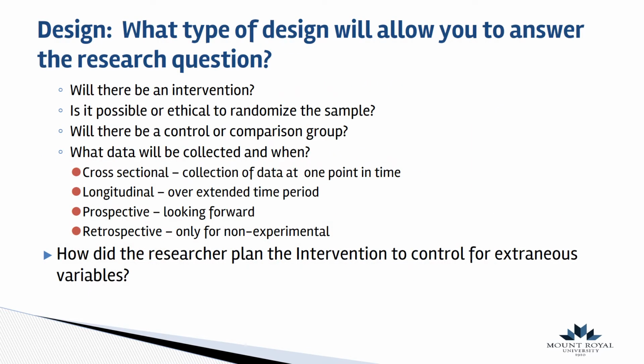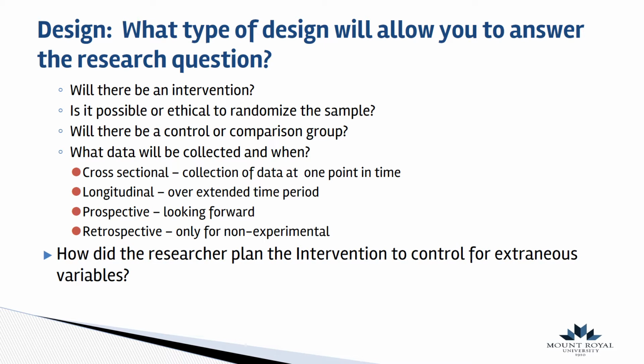So in research design, what type of design we choose needs to be able to allow you to answer your research question. Some of the things we consider is, will there be an intervention? If we're not testing an intervention, then we can choose a non-experimental approach.